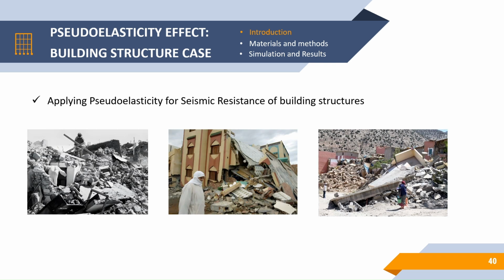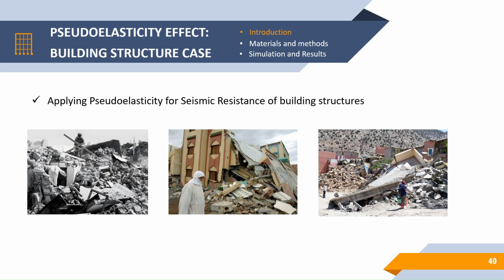As you know, earthquakes are common natural disasters that occur in many regions of the Earth. They continue to cause severe damage to infrastructure and buildings and to claim thousands of lives every year.